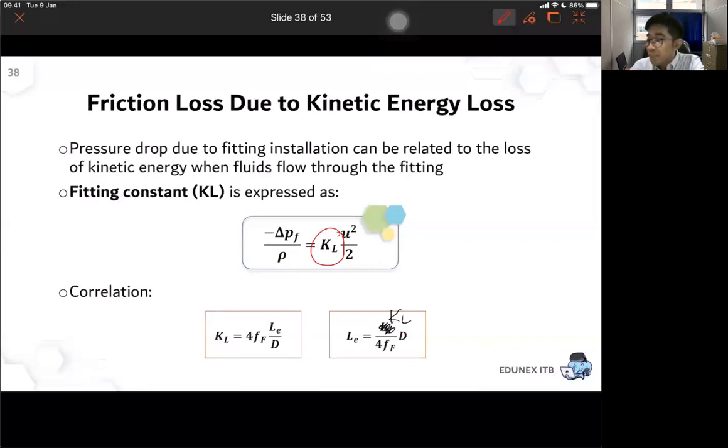So basically, the fitting constant is calculated by varying the velocity. You install the fitting and then you vary the velocity entering the fitting, and then you calculate the pressure drop before and after the fitting. Then you will have the value of the constant. So if you have the value of the constant, you can just use this equation to calculate EF.